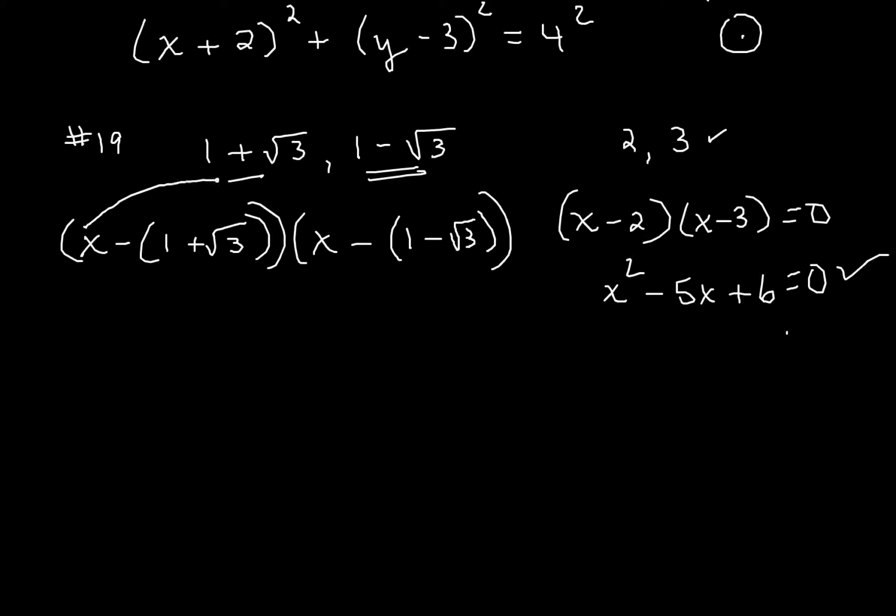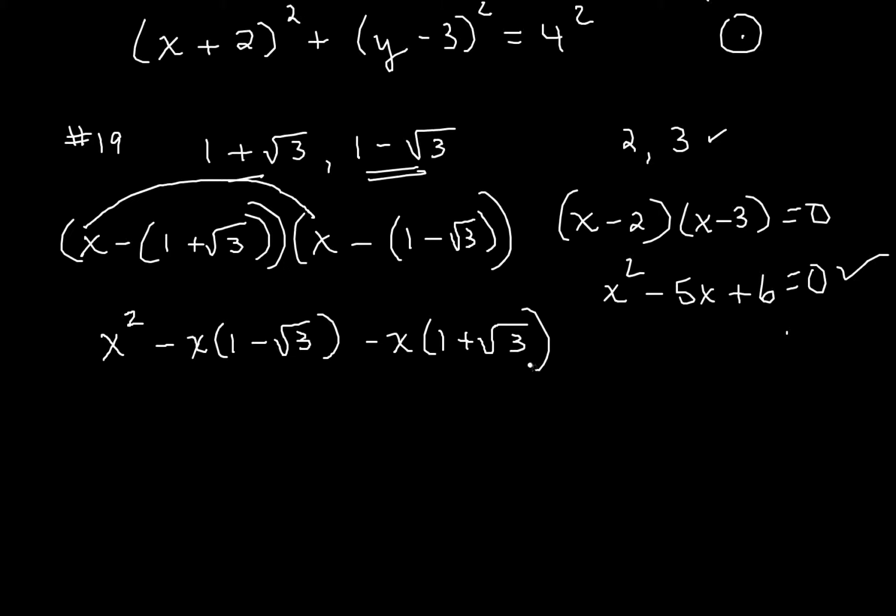I'm going to do my first term, so I get x squared. Now these are both not the same. Your outer is going to be negative x times 1 minus the square root of 3. Your inner is going to be negative x times 1 plus the square root of 3. And our last is going to be plus 1 plus the square root of 3 times 1 minus the square root of 3. Do you guys understand how I just did that?